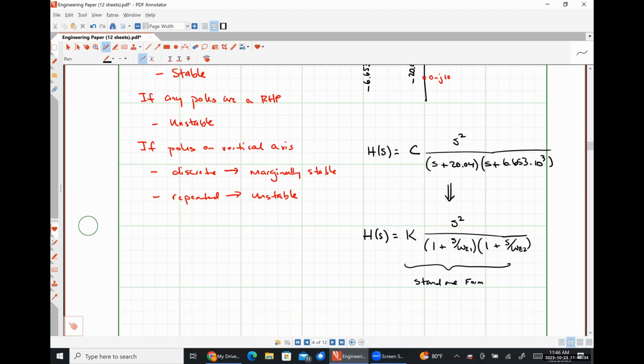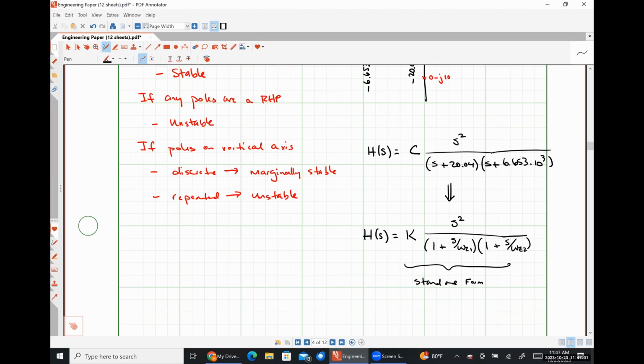So anybody have any ideas how we're going to get from this representation, which we currently have, to this representation? Divide by the corner frequencies. That's literally it.